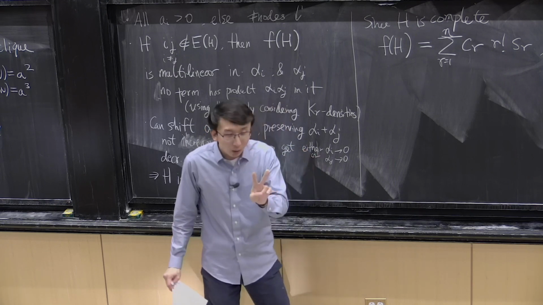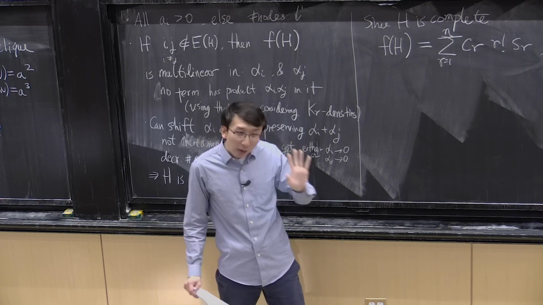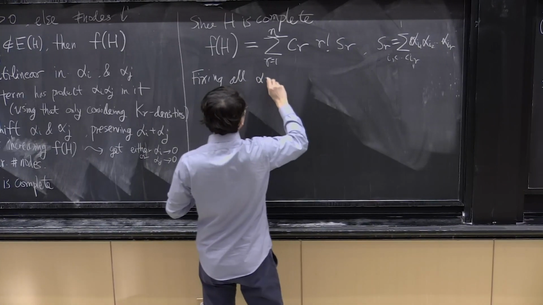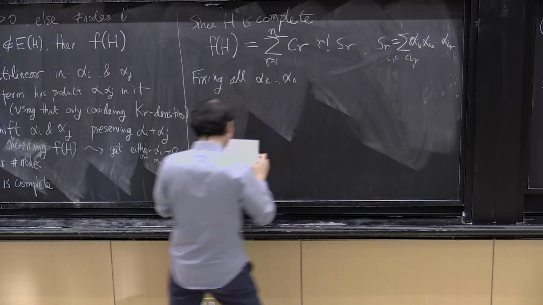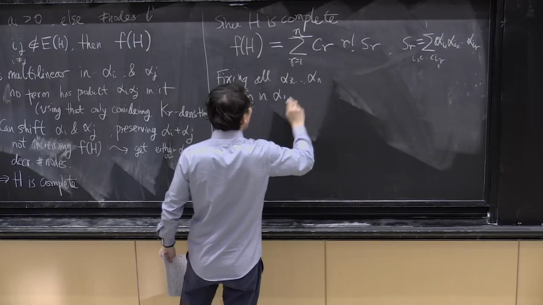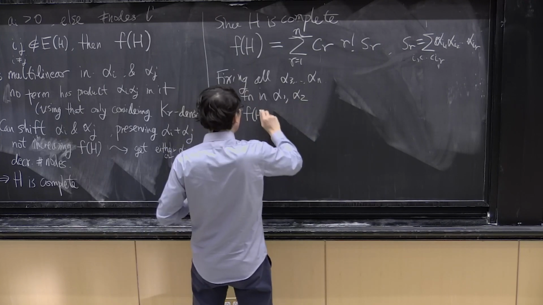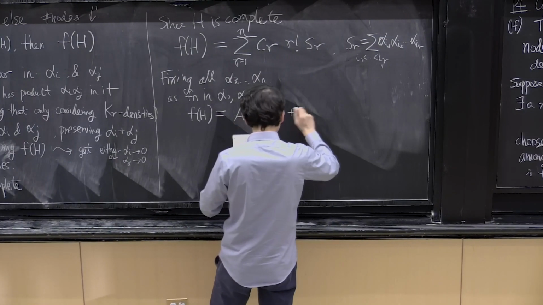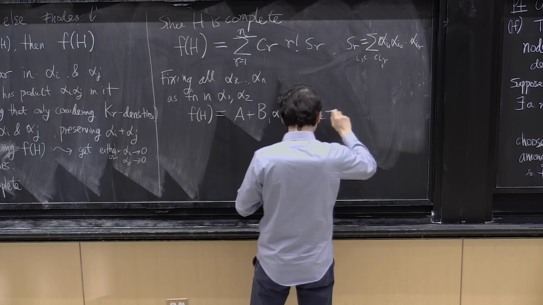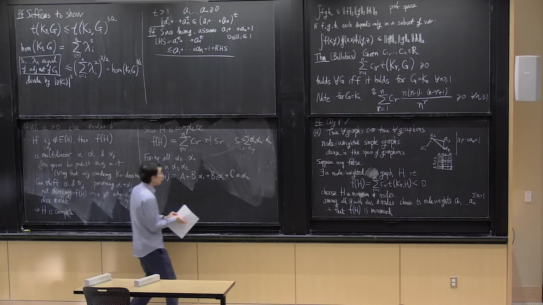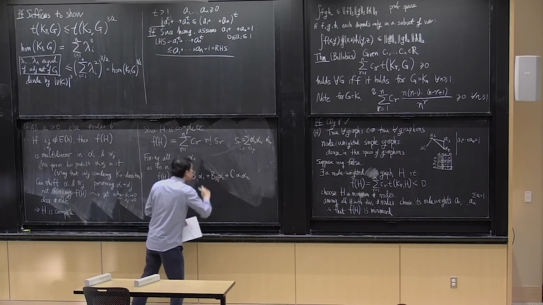And I would like to know, given such a polynomial, how to minimize this number by choosing the alphas. But if you think about what happens if you fix, again, everything but two of the alphas, so by fixing alpha 3 to alpha n, we find that as a function of just alpha 1 and alpha 2, f of h has the following form. And because it's symmetric, these two b's are actually the same.